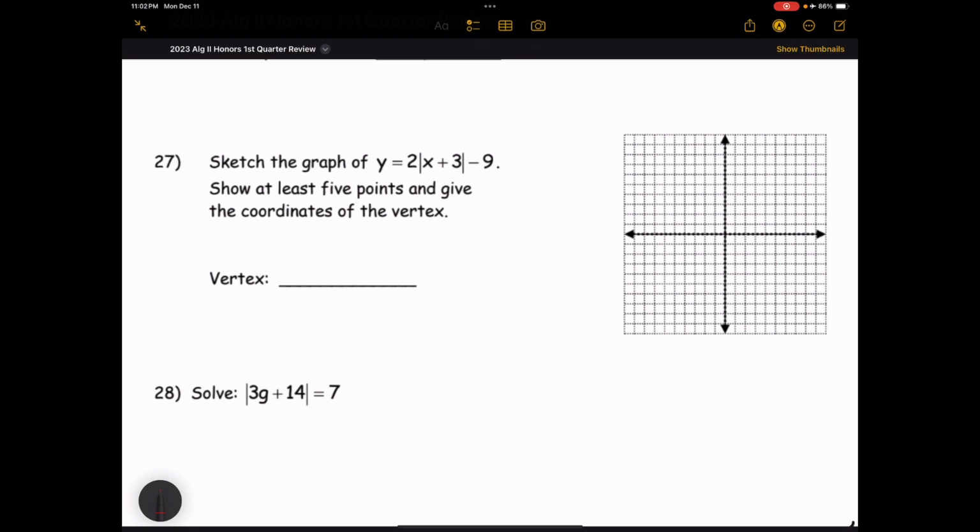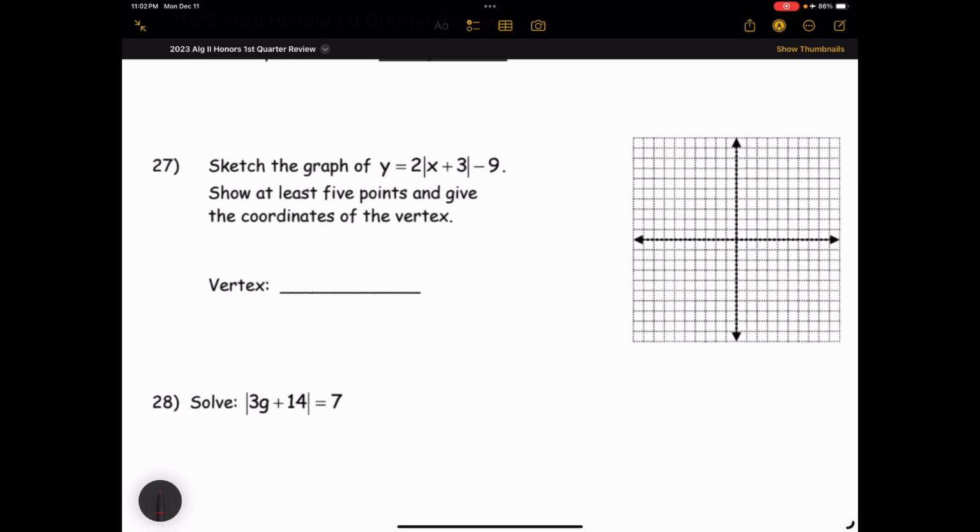All right, let's look at number 27. Sketch the graph of y equals 2 times the absolute value of x plus 3, minus 9. Show at least 5 points and give the coordinates of the vertex. All right. The vertex is at (h, k). Whatever's inside the absolute value next to x, that's basically the x value of the vertex, and whatever's outside, the k value, is the y value of the vertex.